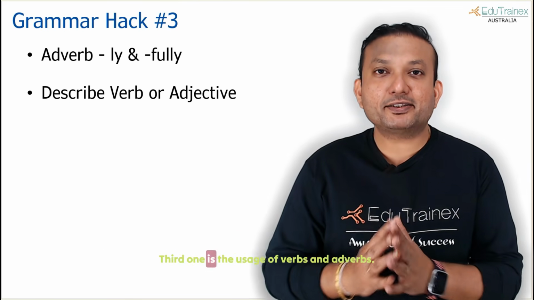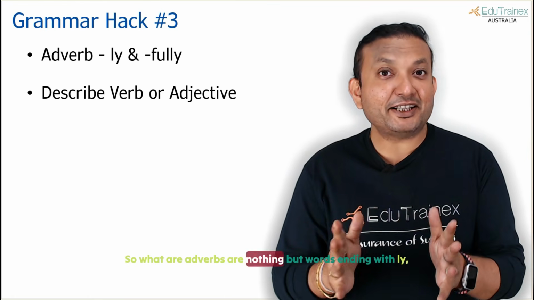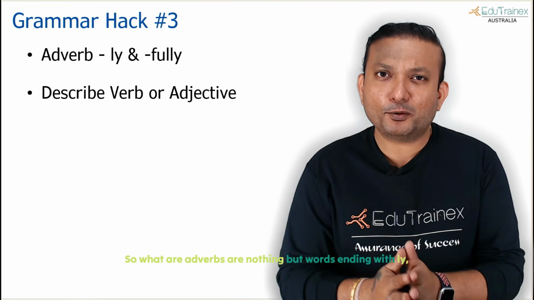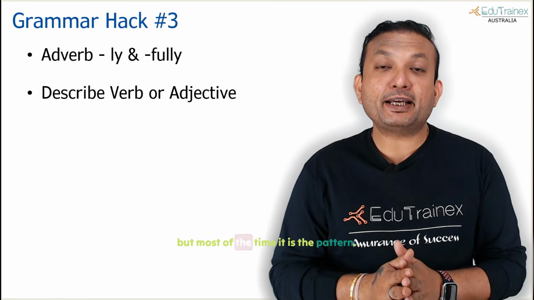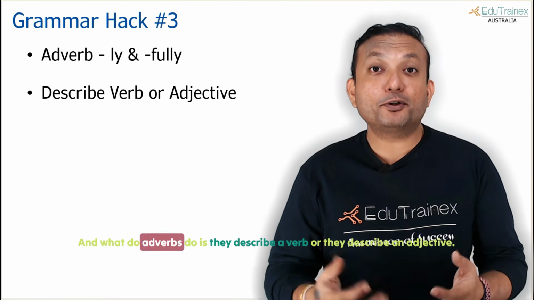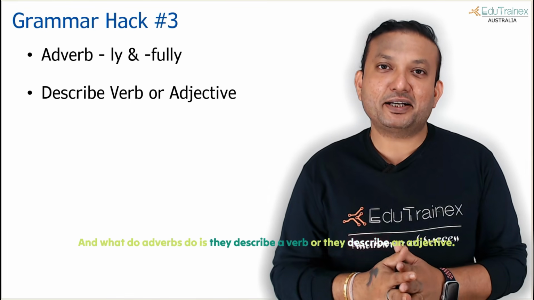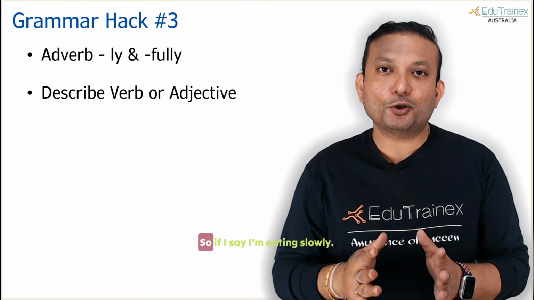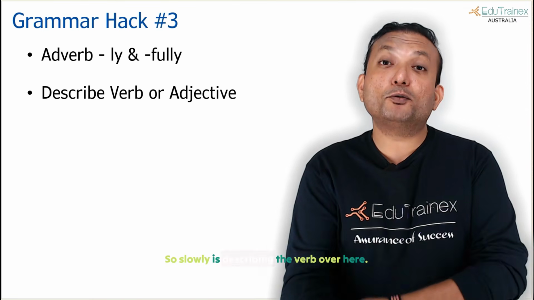The third one is the usage of verbs and adverbs. So what are adverbs? They are nothing but words ending with ly, like fully, sometimes not ending with ly, but most of the time that is the pattern. And what adverbs do is they describe a verb or they describe an adjective. So if I say I am eating slowly, slowly is describing the verb over here.